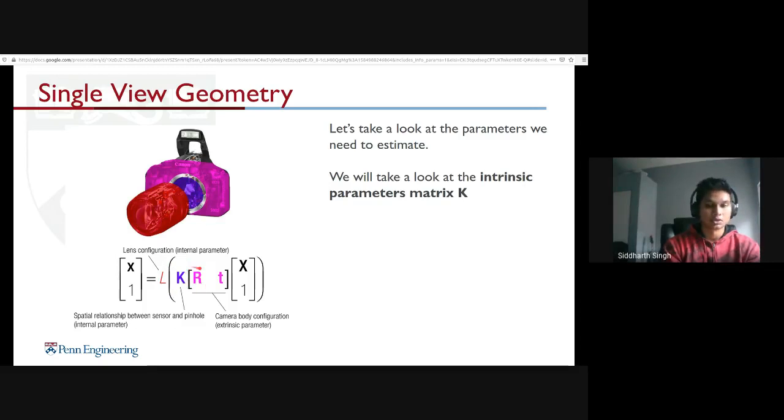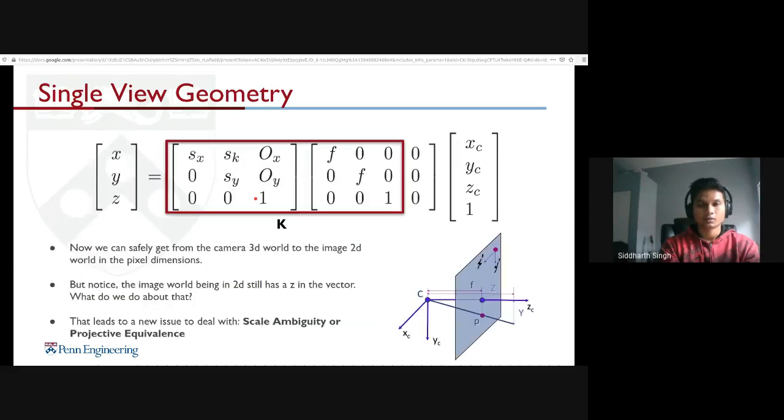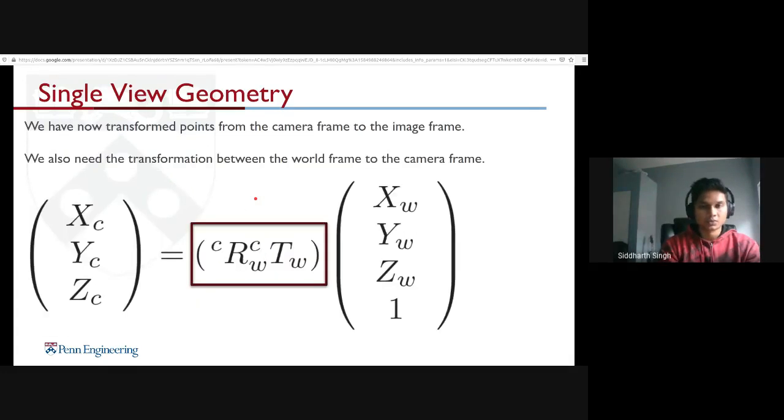We also need to understand the R and T, which is how this transforms to this, and thus we have the world, anything I'm seeing, where is it with respect to the camera. So now we will talk about the R_CW and T_CW, which is the rotation of the camera with respect to the world, and the translation of the camera with respect to the world, right?